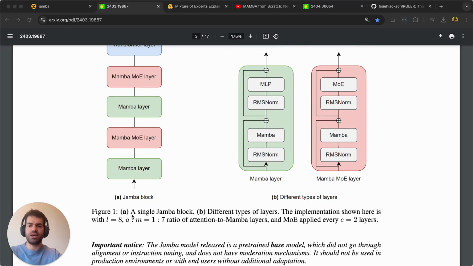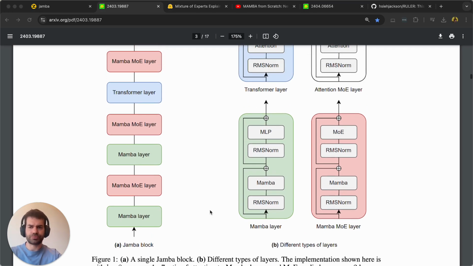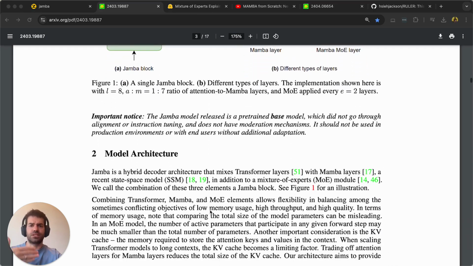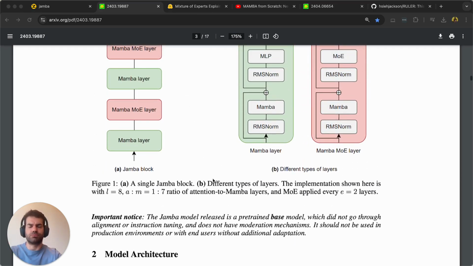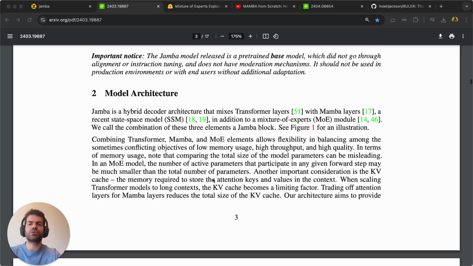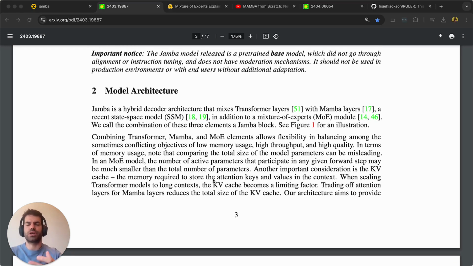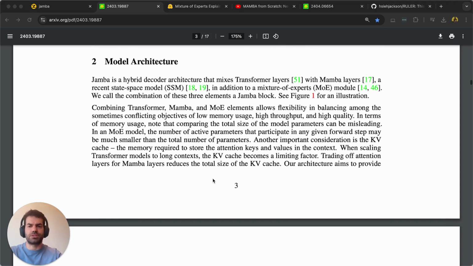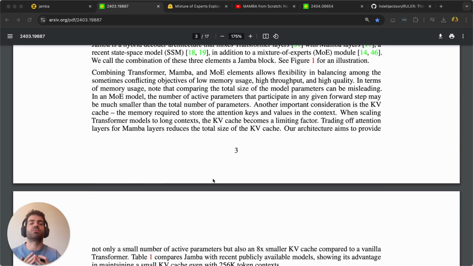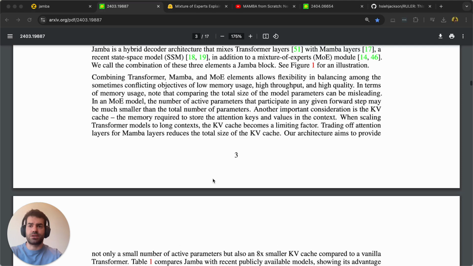So what you see here is the actual layer, but the model architecture is something you can really play with. If you want to build a Jamba model from scratch yourself, you can play with all the parameters in order to get what is optimized for your use case. So let's see what we have here.